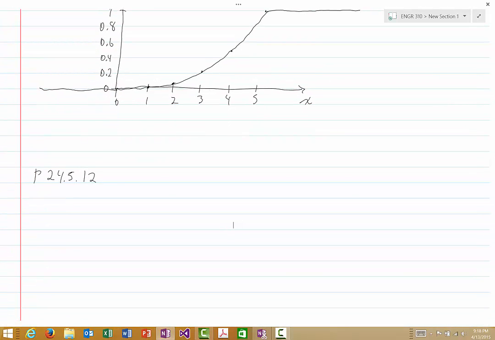And this problem says, let x be the ratio of sales to profits of some company.